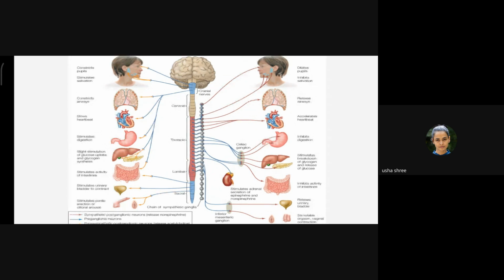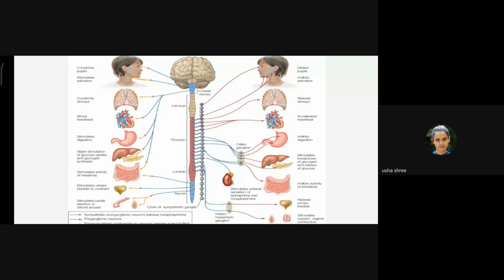It is very clear. The blue color neurons depicted here are all preganglionic neurons. Above that there are red lines, right, ma'am? The red lines are postganglionic neurons of the sympathetic nervous system.